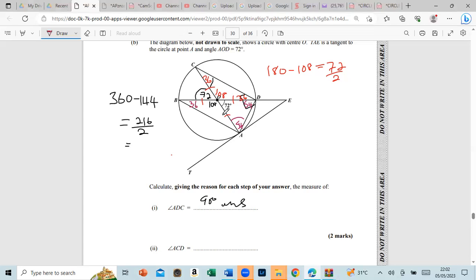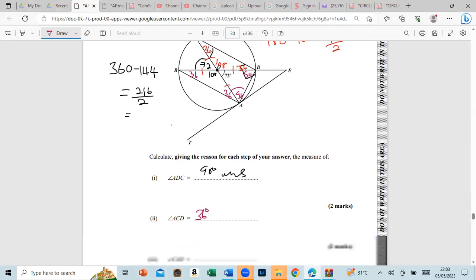Alright, so that's that. What are they asking for now? ACD, that is 36. We could use angles in a triangle for this one, or you can say isosceles triangle, these angles are equal.